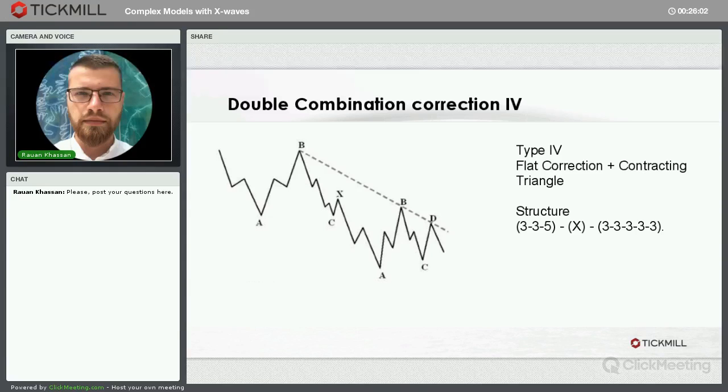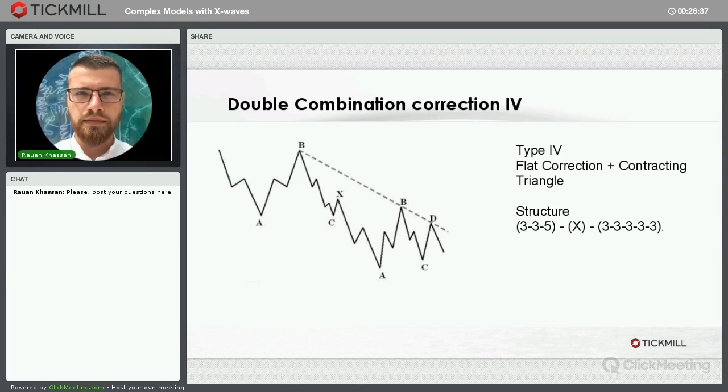Personally, I see this correction model as one of the most effective for entry purposes, as the signal line B and B, which connects two parts of the combination, is usually enhanced and confirmed with a signal line of the contracting triangle itself. It's the signal line BD.